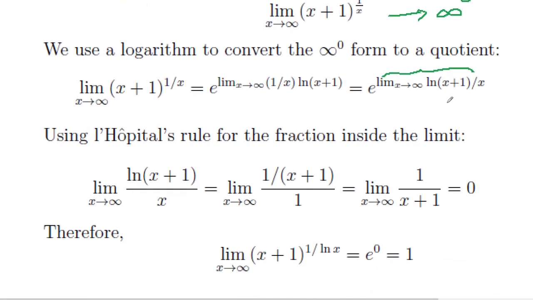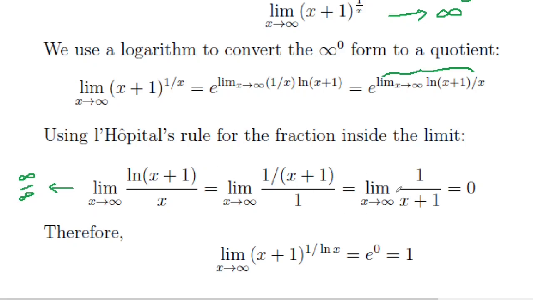The fraction here, ln of x plus 1 over x, is an infinity over infinity form, which is something we can apply L'Hopital's rule to. Derivative of ln of x plus 1 is 1 over x plus 1. Derivative of x is 1.